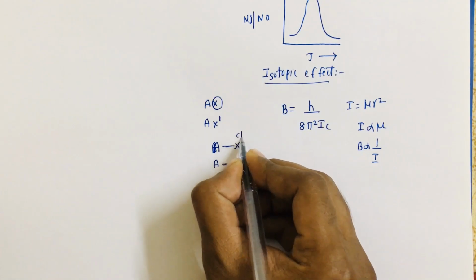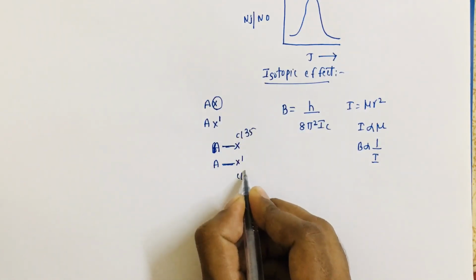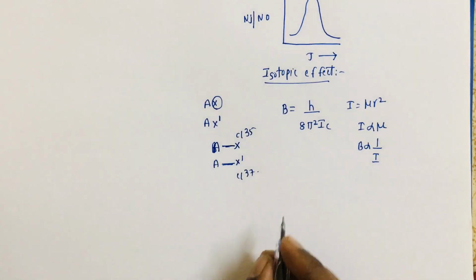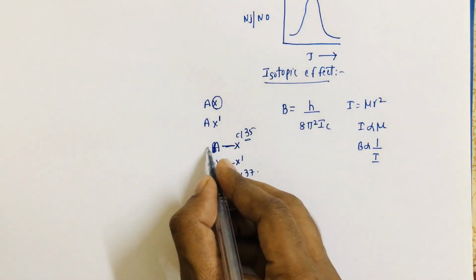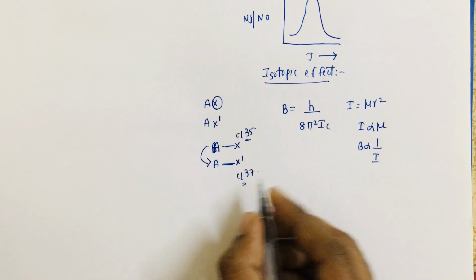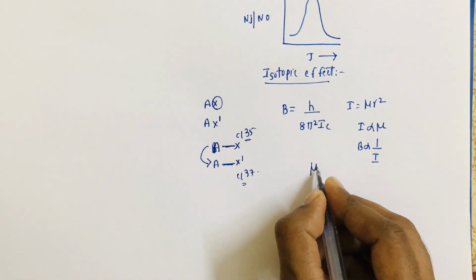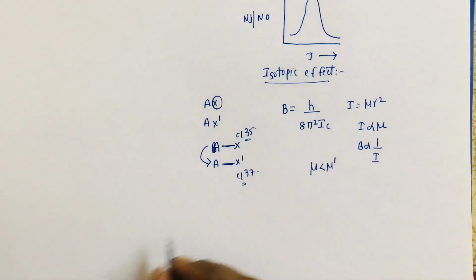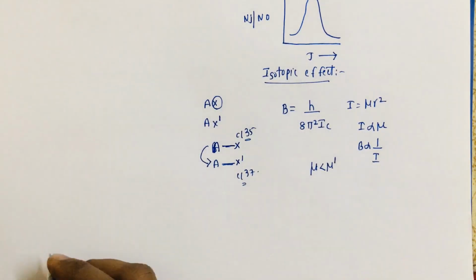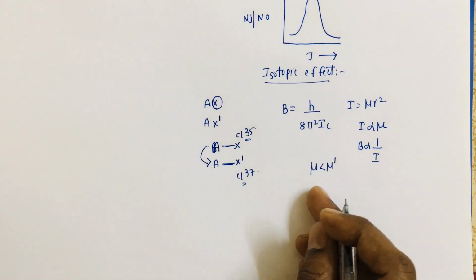Imagine that this is chlorine 35 and this is chlorine 37. If it's chlorine 35 and 37, what is happening here? The mass is increasing from here to here, so mu is less than mu bar, the reduced mass of the isotope Cl37.